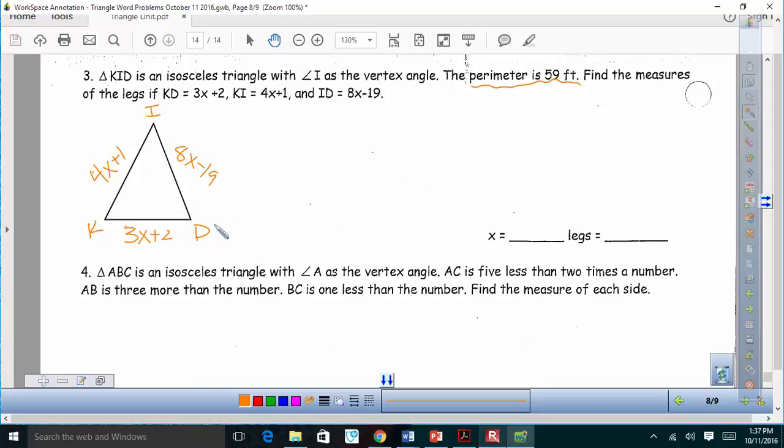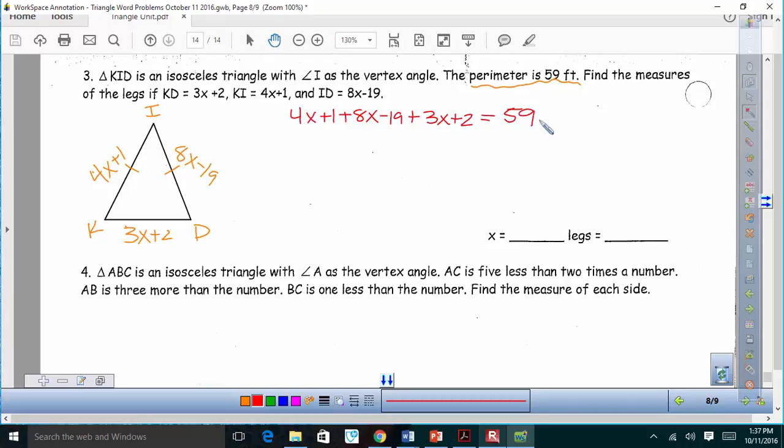Okay, so what do we do to find the perimeter of something? We add all the sides together. So we're going to do 4x plus 1 plus 8x minus 19 plus 3x plus 2, and that should equal what they told me was my perimeter, 59.